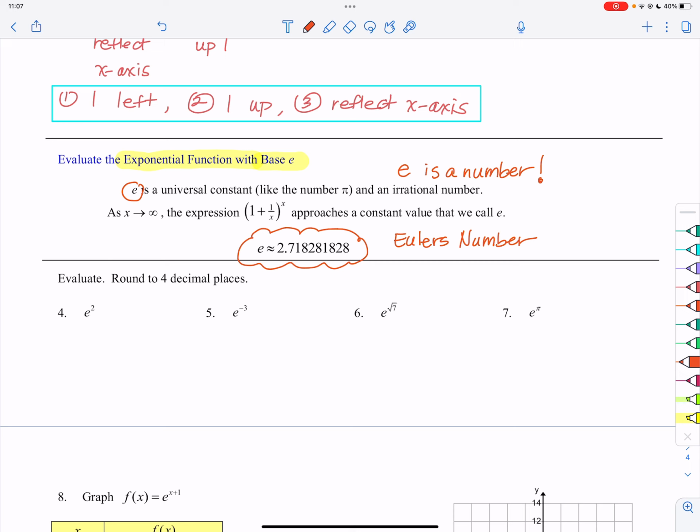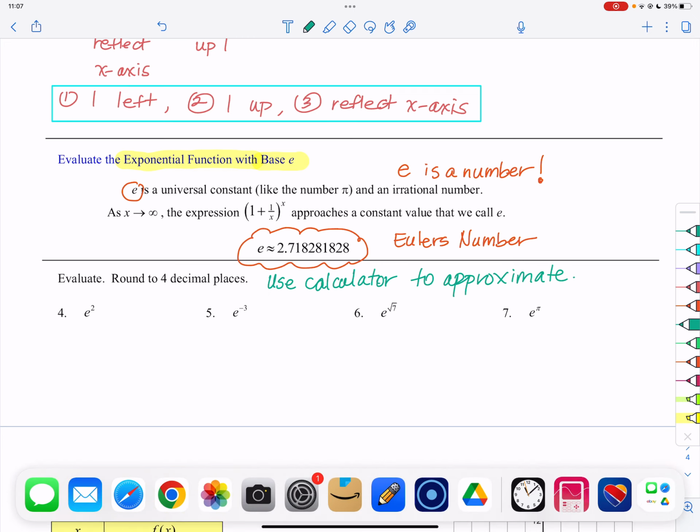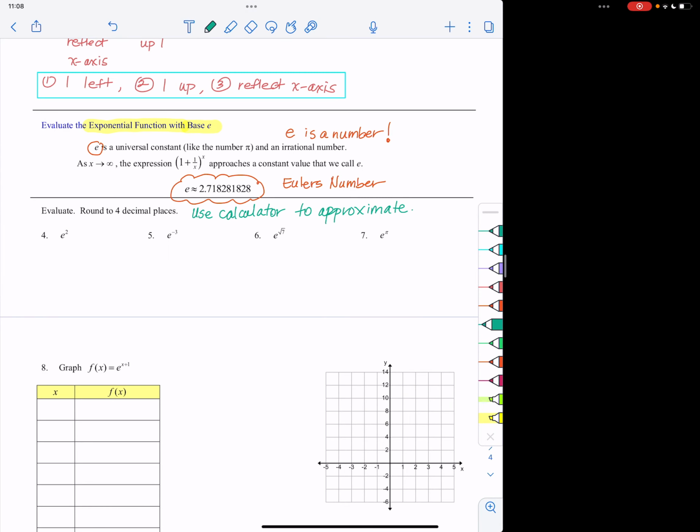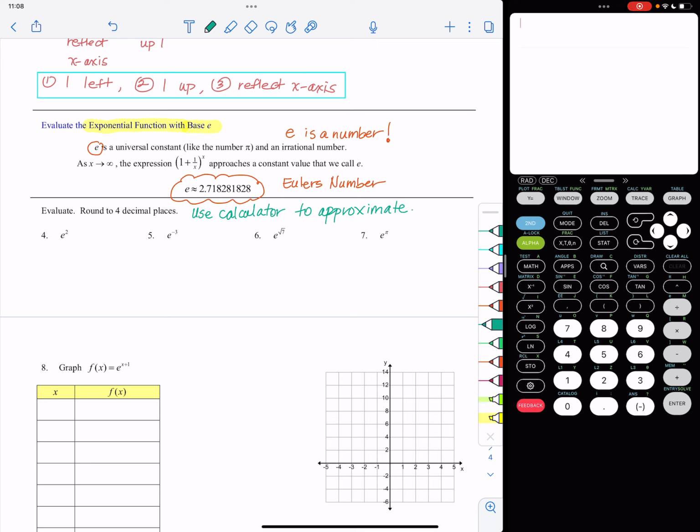So now, if we would put this in our calculator, we could approximate these. So I'm going to make a note here: use your calculator to approximate. Let's see if we can bring up our calculator. And as you can see, we have E noted right above the divide sign.